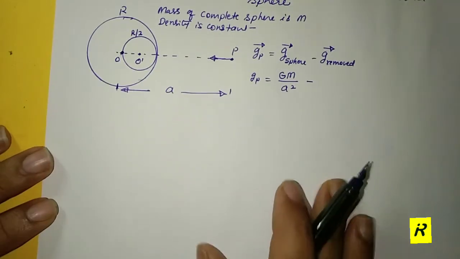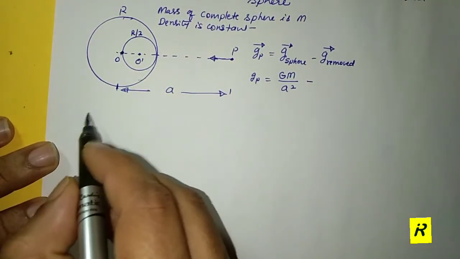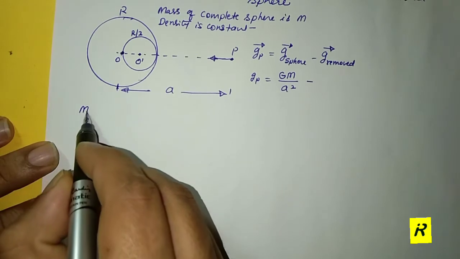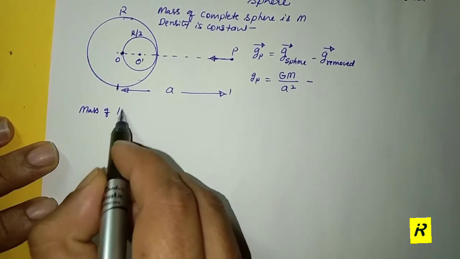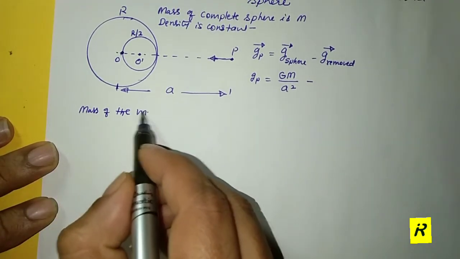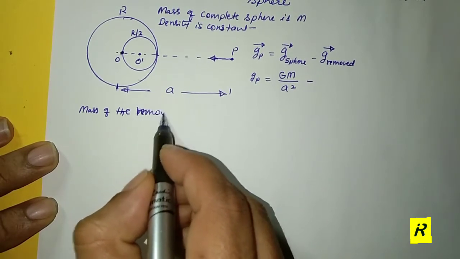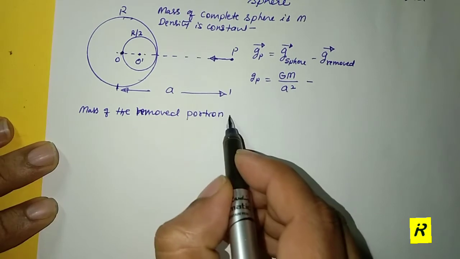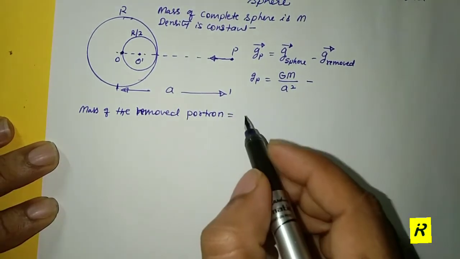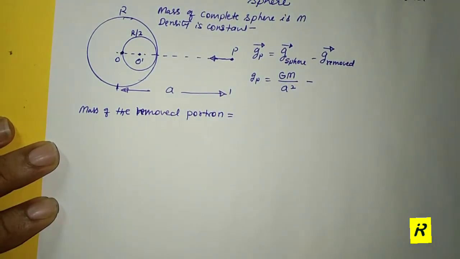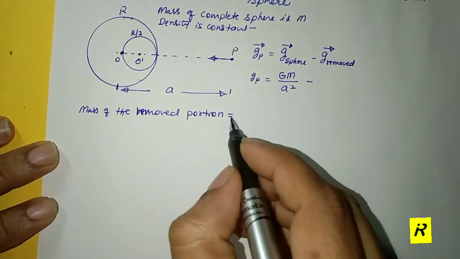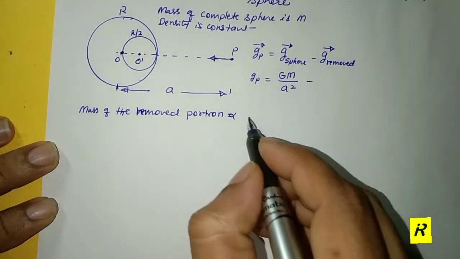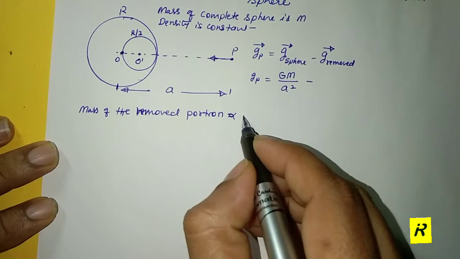For that, what I can do is, the mass of the removed portion is proportional to the cube of its radius.